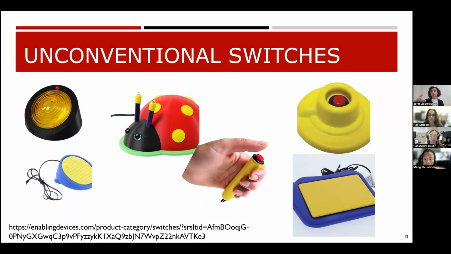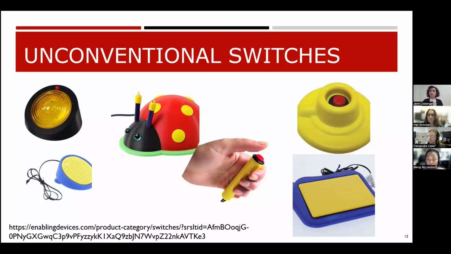But I've also seen people hold it in their hand and use their thumb, or it's been mounted to armrests or trays. And if your hand rests on the tray, you can use your thumb to activate it. And that bottom one is a plate switch, and it rocks a little bit, and it's a bigger switch. So you have a little more surface area if, fine motor wise, you need something a little bigger to access.